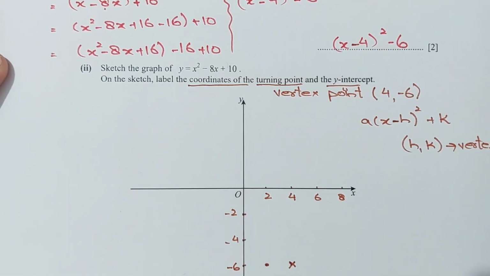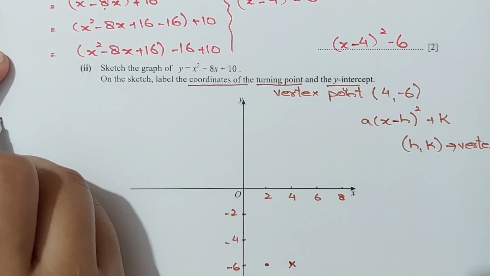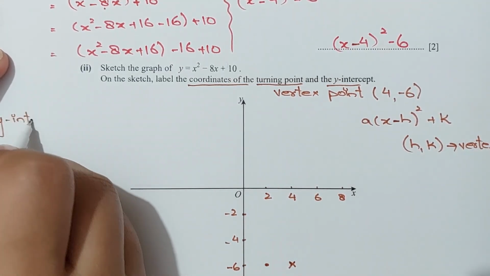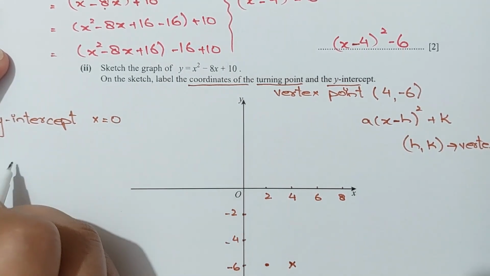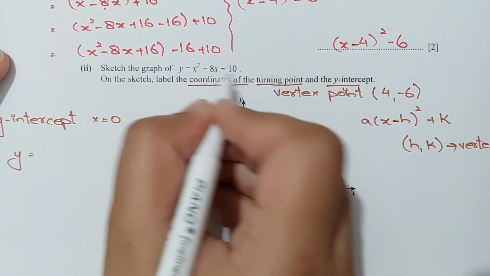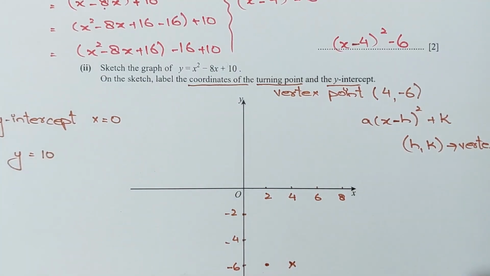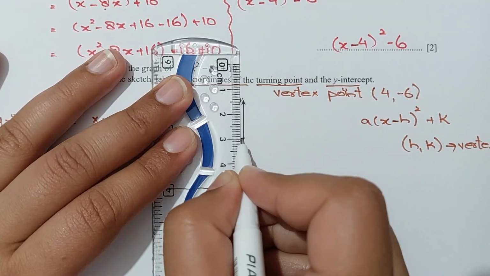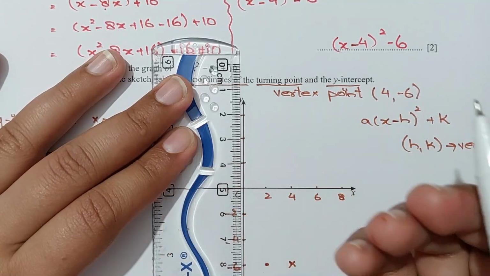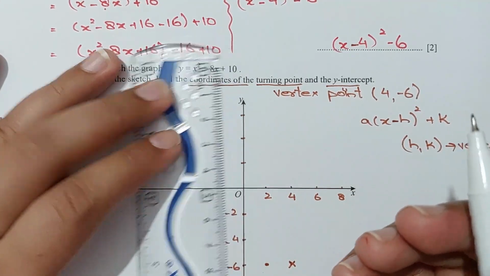Okay, now you have to label the y-intercept. For the y-intercept, we have to put the variable x equal to 0. So what is y? When x is 0, y is just 10. Upward, we have 2, 4, 6, and somewhere we have 10.